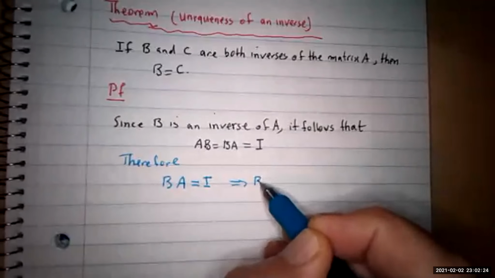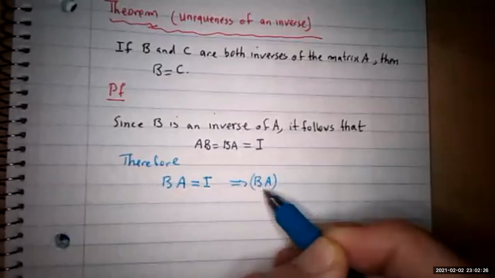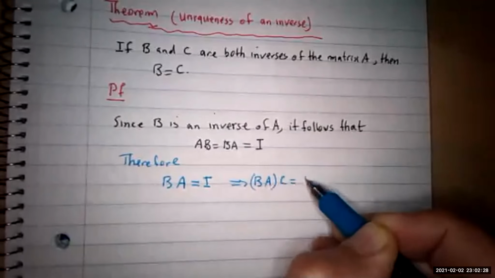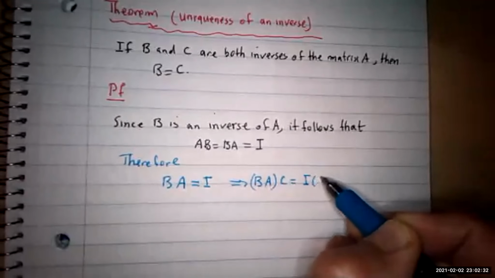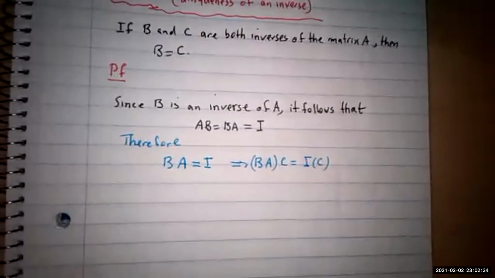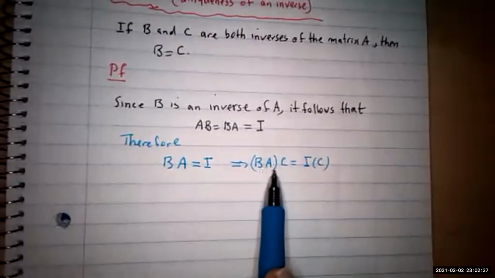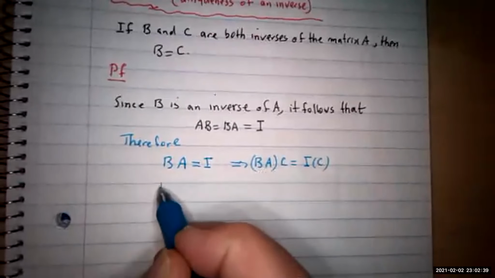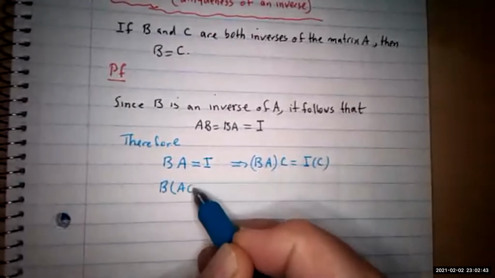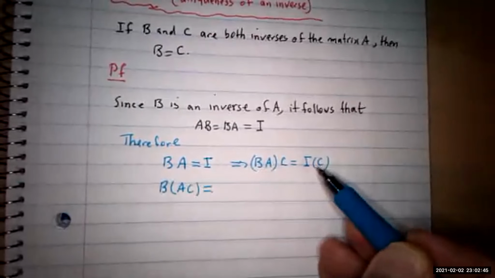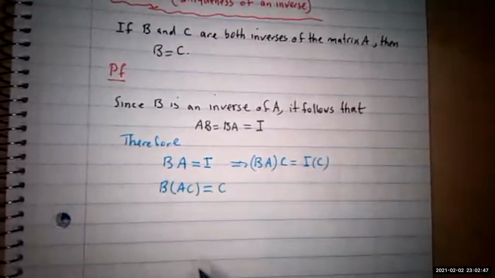That gives you BA times C, and this is going to be I times C. But I can use the associative property. Remember, I can move these parentheses, so that gives me B times AC. And since I times C is C, that gives only C.